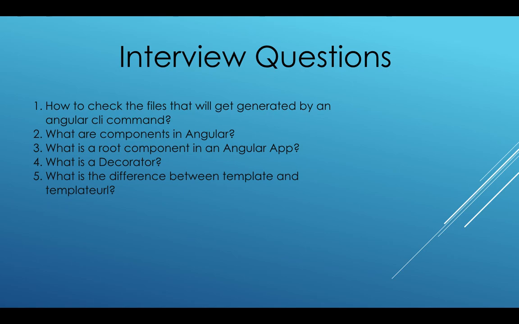Okay, so this is the main difference between template and templateUrl. Once we create our Angular application, there will be a number of files generated, so to make the code reusable, we use templateUrl instead of template, right?